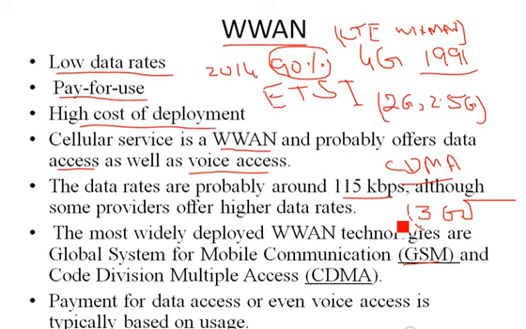CDMA uses a special coding scheme to transmit. For transmission it uses a special code, that's why it's called code division multiple access.